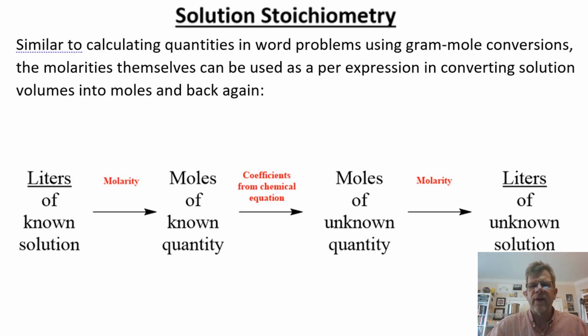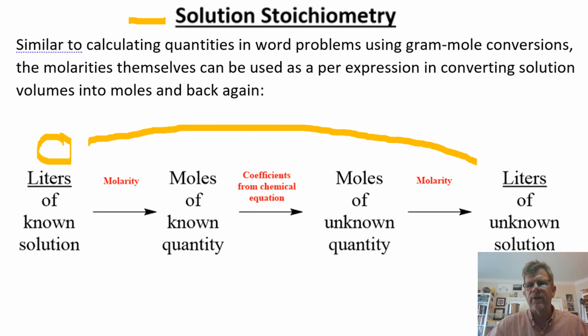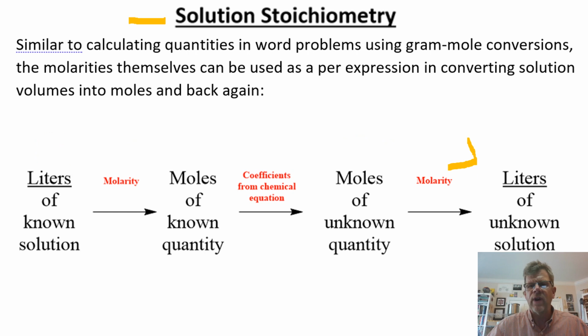Where we find a very high usage of molarity is in what's called solution stoichiometry. Basically we have a number of liters of a known solution, and we have to calculate the number of liters of an unknown solution. And obviously we have concentrations coming into play on that.